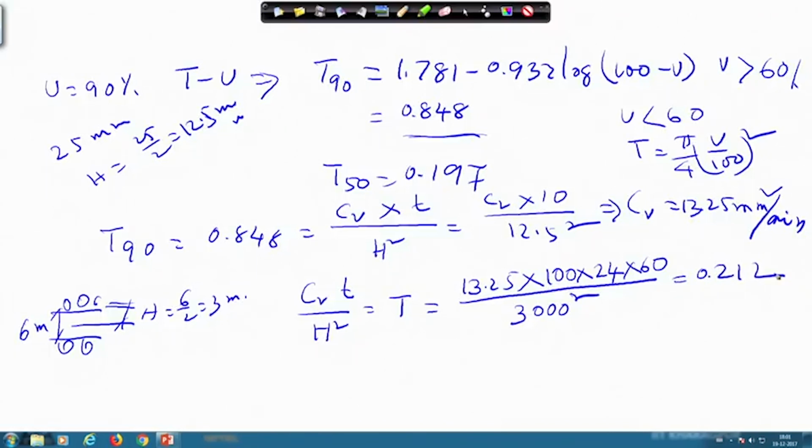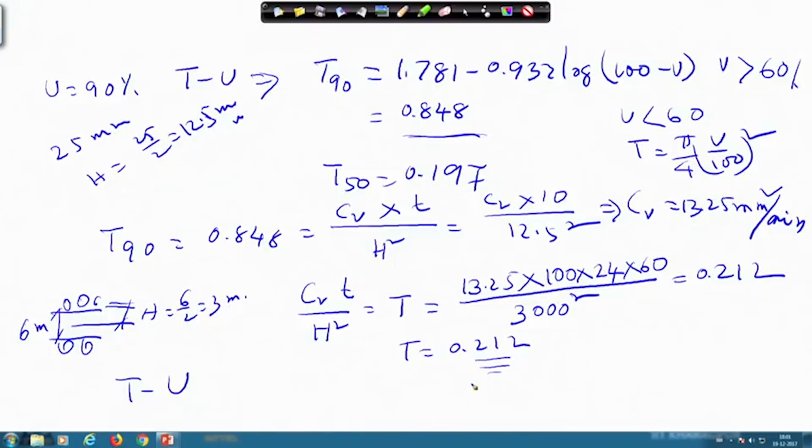So, that means now I am getting T equal to 0.212. Now, I can refer to the T versus U curve. From there, corresponding to T equal to 0.212, I can find out U, or I can do a trial and error method.